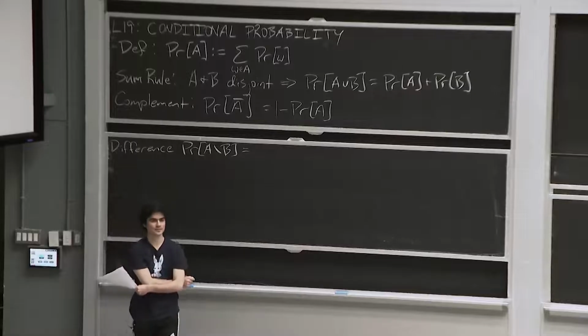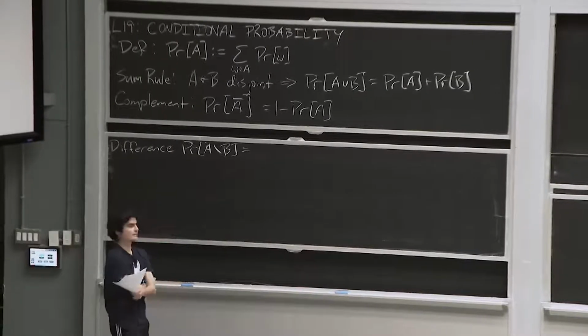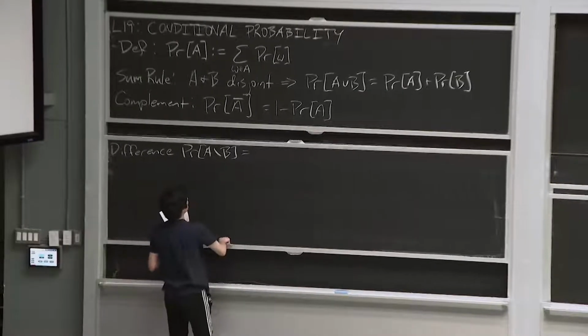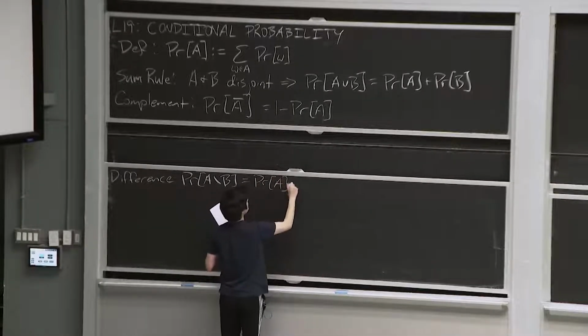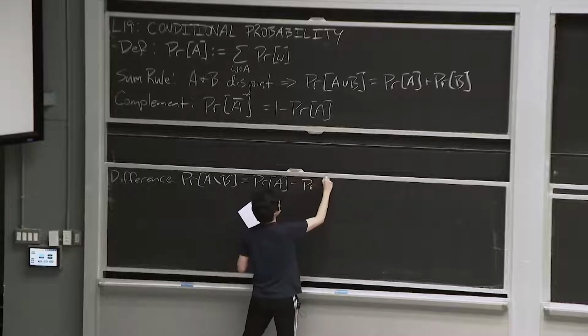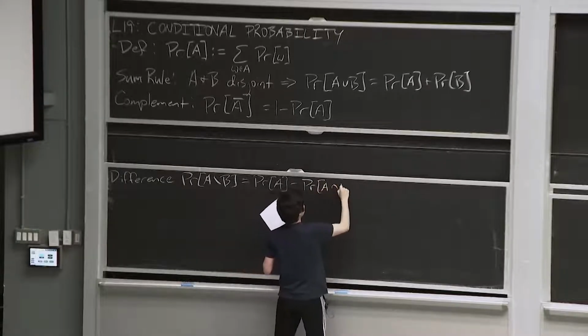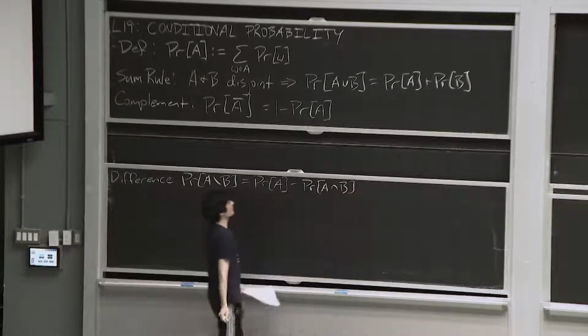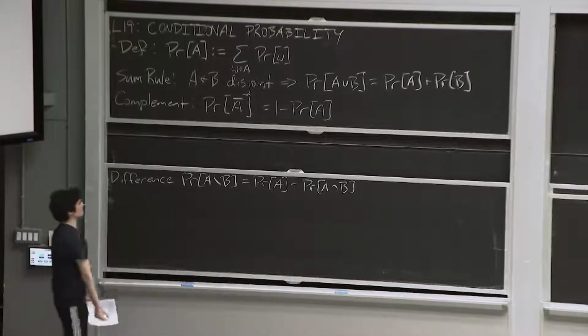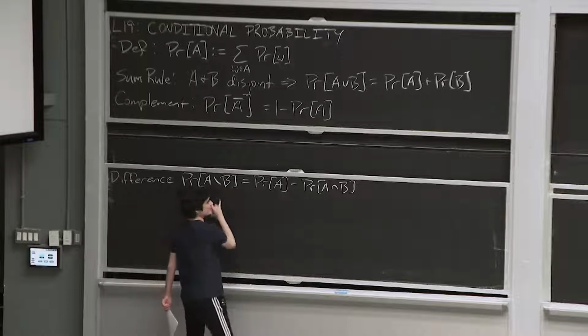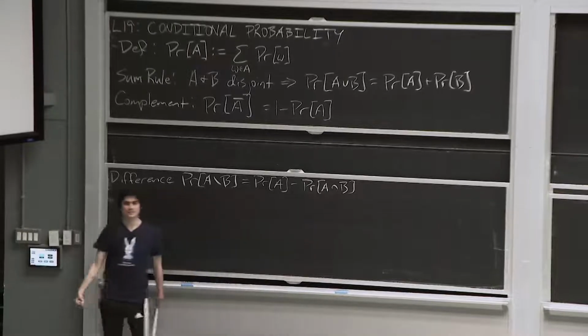Yeah? The probability of A minus the intersection of A and B. Exactly. So the probability of A minus the probability of the intersection. Okay? And why is that? Well, A is just the disjoint union of A minus B and A intersect B. Okay?